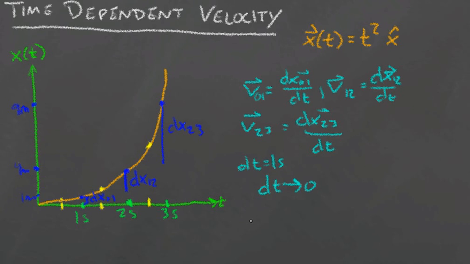So when we take this limit, as the time goes to 0, that's going to give us our new velocity. So our velocity is just going to be dx as a function of t over dt.